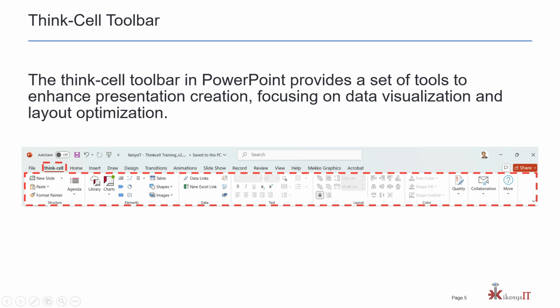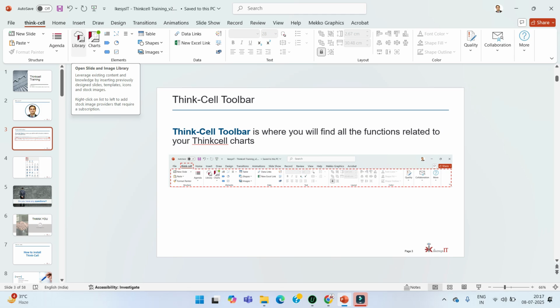So if you click on library, you will be able to find predefined structures that will help you in creating presentations. But this is the latest feature provided by ThinkCell in ThinkCell 13. This feature is not available in ThinkCell 11 or ThinkCell 12. Library option is provided by ThinkCell in ThinkCell 13.